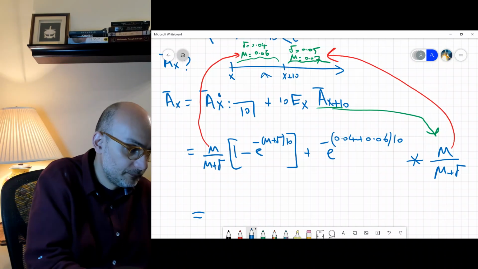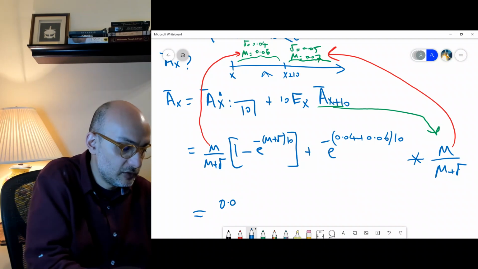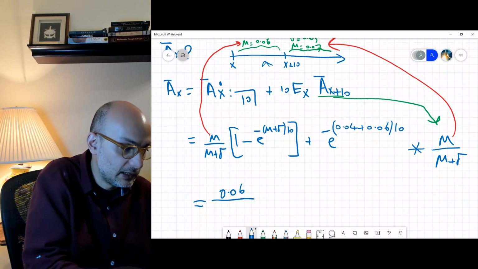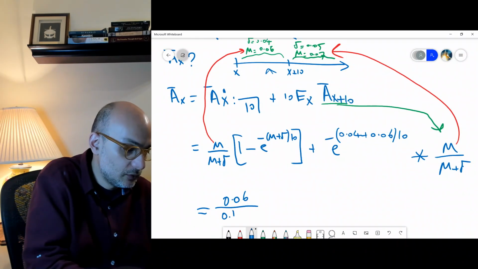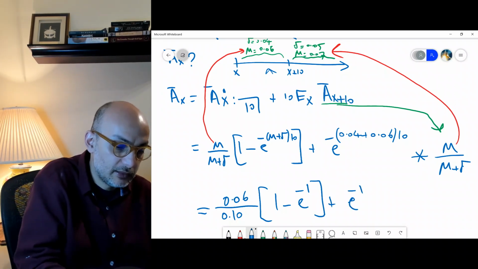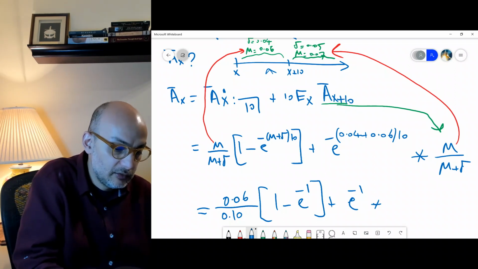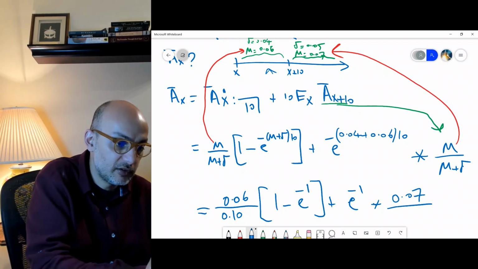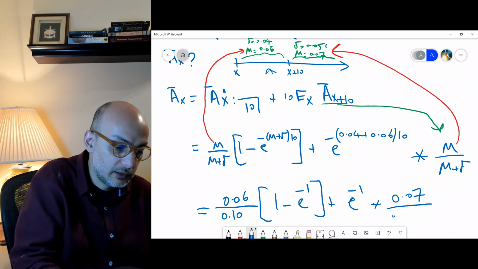So here we take mu, it's 0.06 divided by 0.1 multiplied by 1 minus e to the minus 1, plus e to the minus 1 multiplied by, look at now the mu is different, mu which here is 0.07 divided by 0.5 plus 0.07 is 0.12.